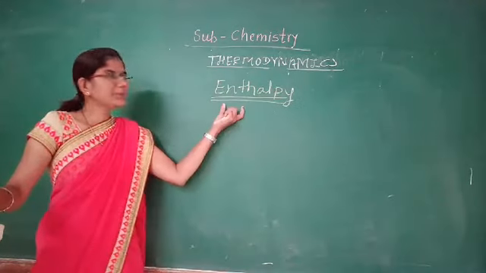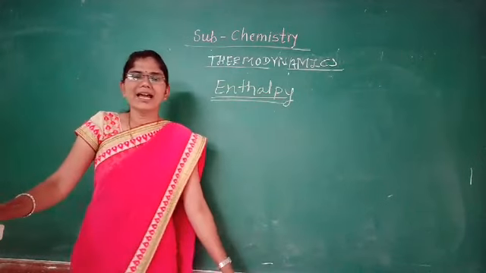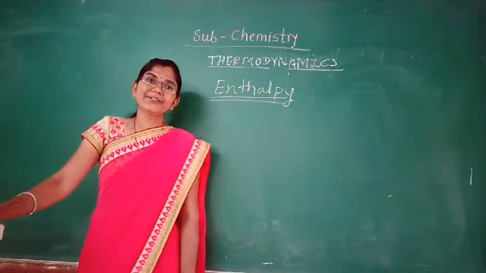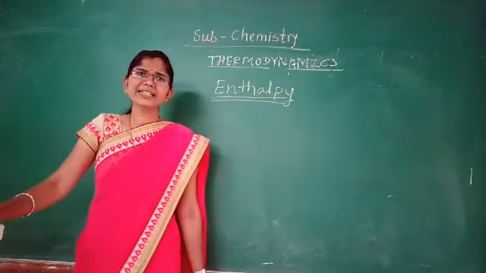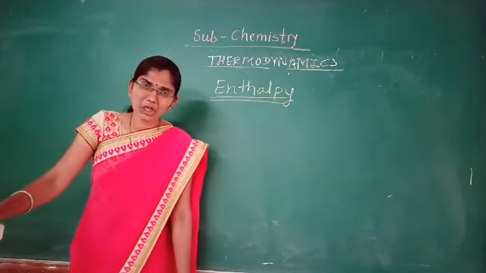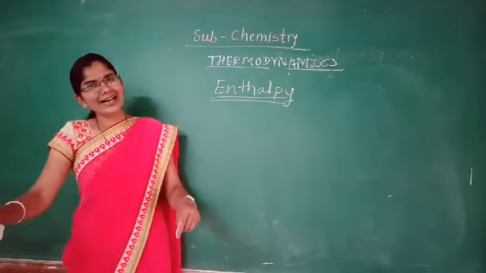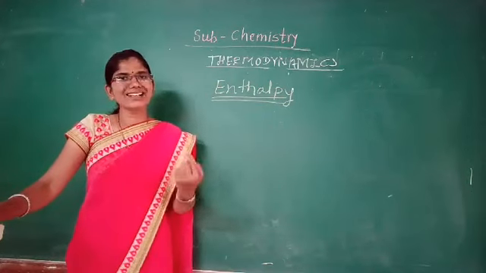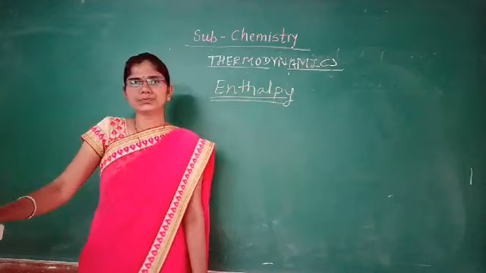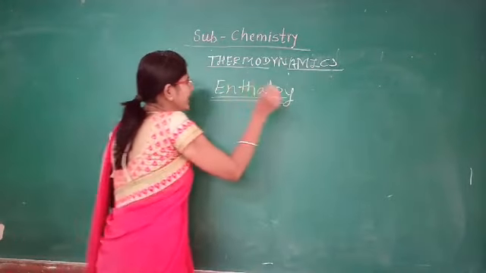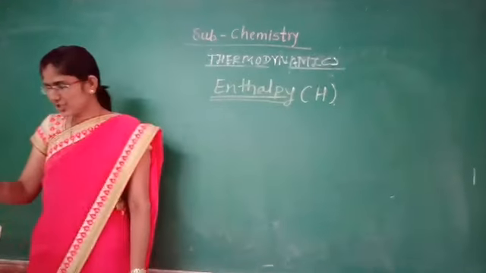The enthalpy is the total heat content of the system, the summation of internal energy of the system and the energy arising due to the pressure and volume. Therefore, the enthalpy is denoted by the letter H.